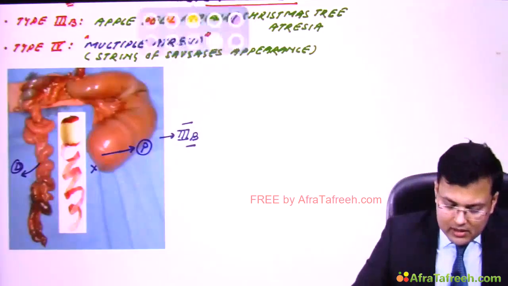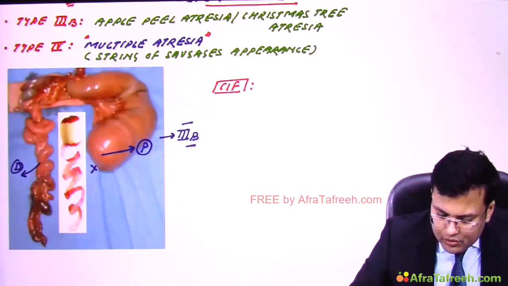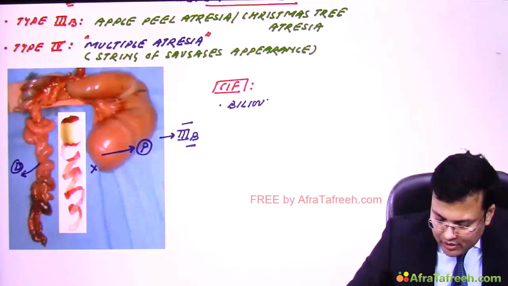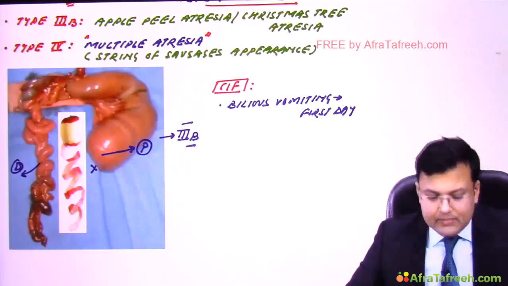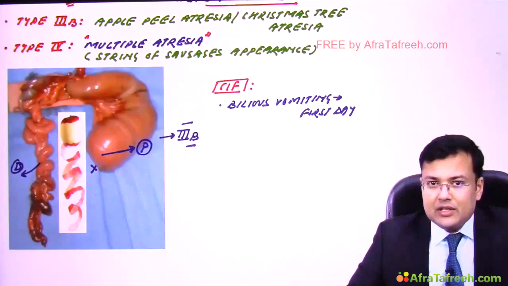So see the clinical features. In patients of jejuno-ileal atresia, there is bilious vomiting on first day itself. So just after birth, there is bilious vomiting. Vomiting is more common in proximal obstruction.